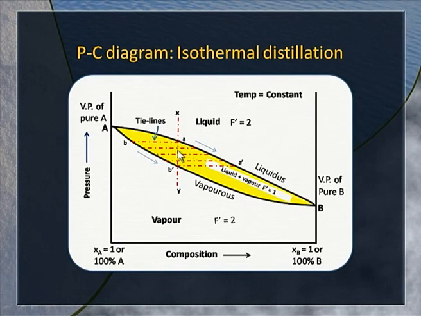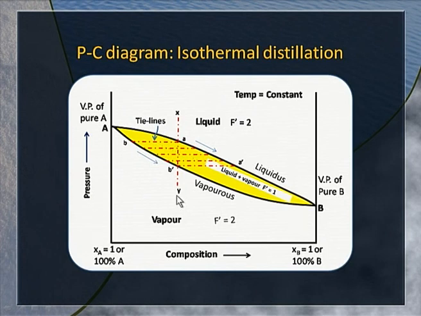And when we bring down the pressure to a point B prime here, the vapor composition has shifted from B to B prime, and the liquid composition has shifted from A to A prime. We are left with only traces of liquid. Most of it has vaporized at point B prime, and then further decrease in pressure leads to complete vaporization as we reach point Y. When we reach point Y, the entire liquid is converted into vapor.